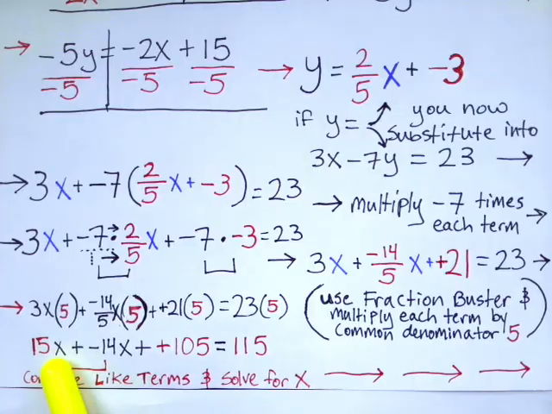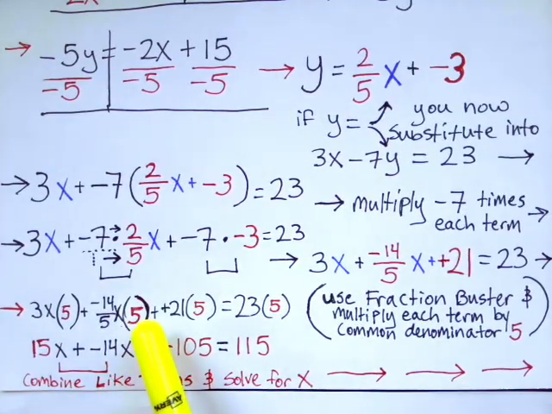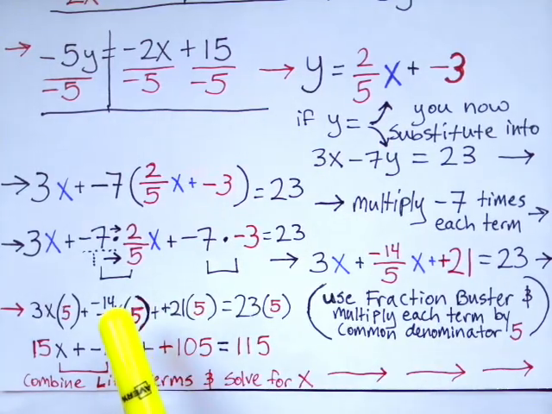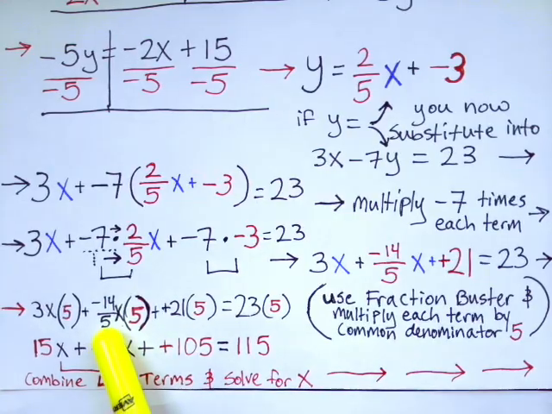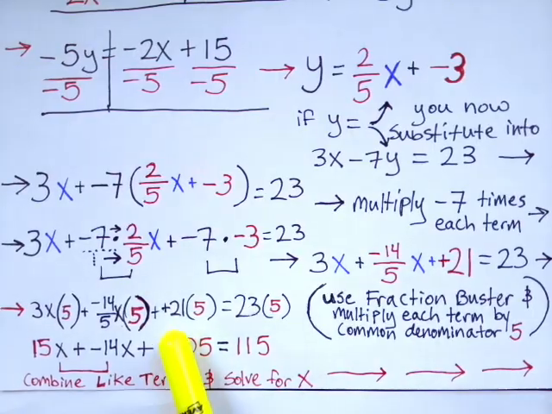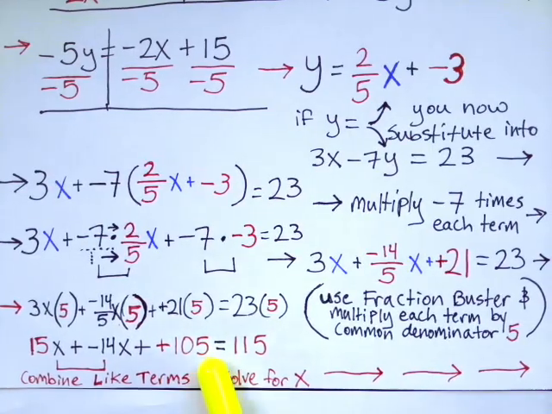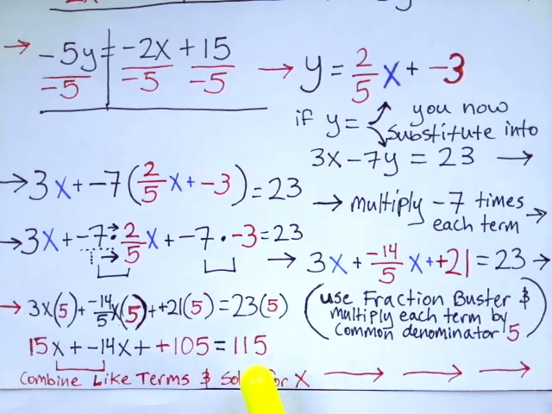3 times 5 is 15. Don't forget your x. Plus. Multiply 5 times a negative 14 would give you negative 70. Negative 70 divided by the 5 here will give you a negative 14x plus 21 times 5 is 105 equals 23 times 5 is 115.